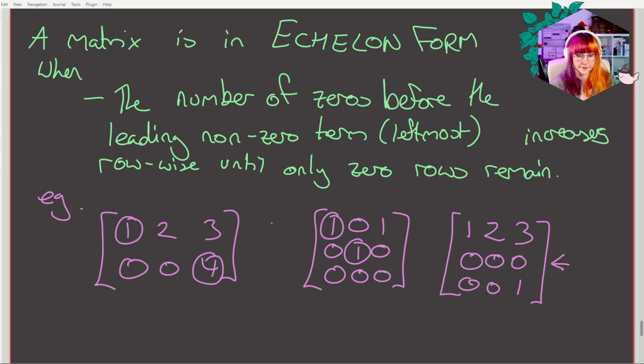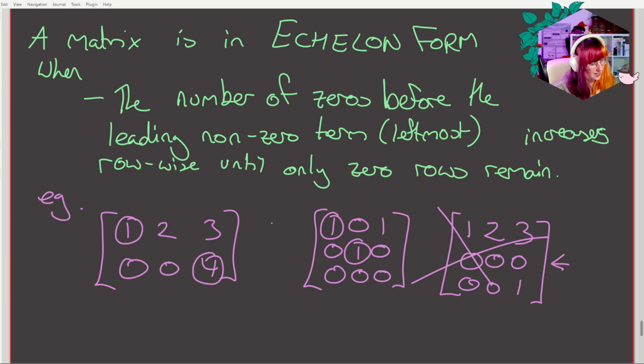Each row that does not contain entirely zeros, the first non-zero number in the row is a 1. If there are any rows that consist entirely of zeros, then they are grouped together at the bottom of the matrix. So that is not in row echelon form.